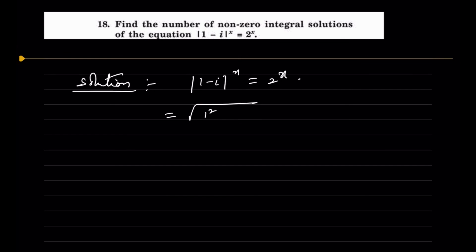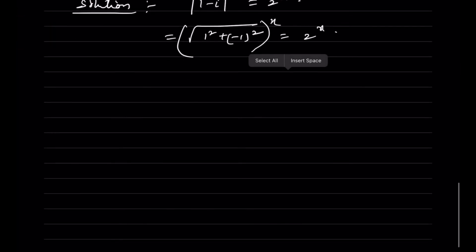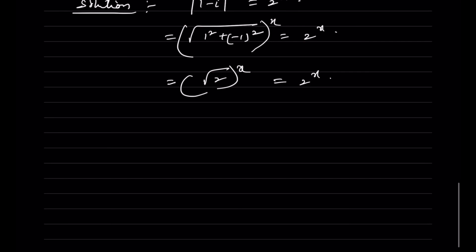So you are getting root of 1 square plus (minus 1) whole square, and this whole to the power of x is equal to 2 to the power of x. So you are getting this as root of 2 whole to the power of x is equal to 2 to the power of x, that is 2 to the power of x by 2 is equal to 2 to the power of x.